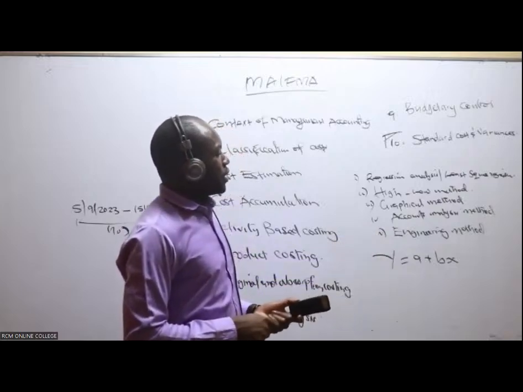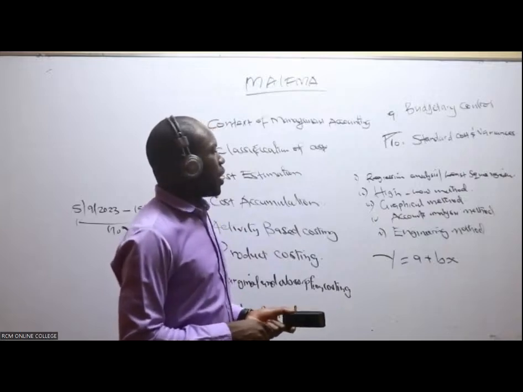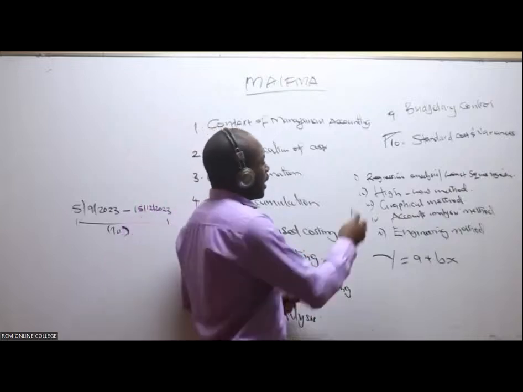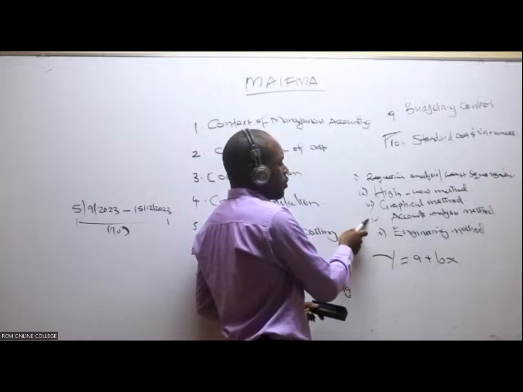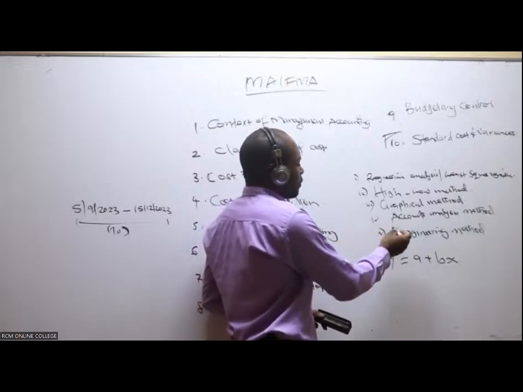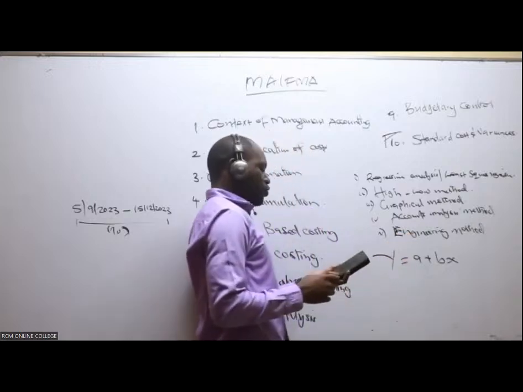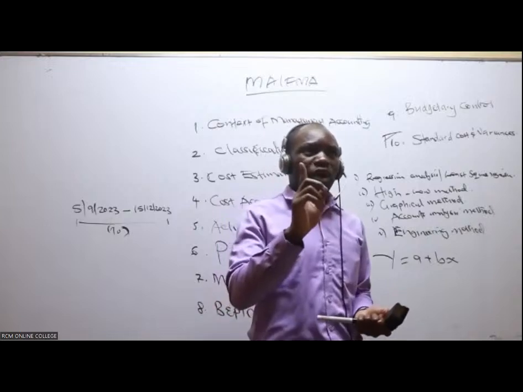Now, the regression analysis or least square method, you need to understand. This one here, Roman 2, Roman 3, and Roman 4, you need to have this. Roman 5, you need engineering tools for you to be able to work it out.